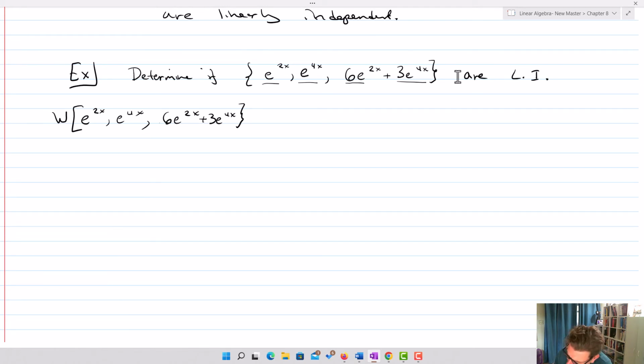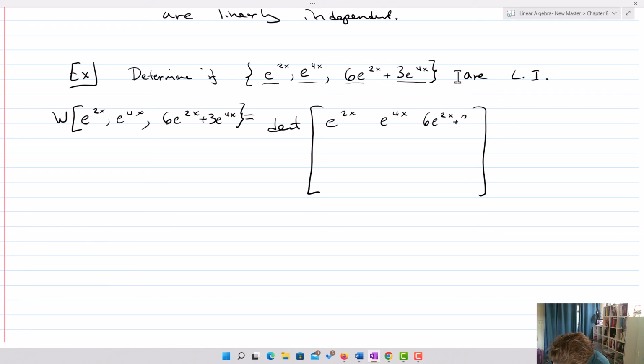We've got three functions, so that's going to be e to the 2x, e to the 4x, 6e to the 2x plus 3e to the 4x. Then we'll have 2e to the 2x, 4e to the 4x, and 12e to the 2x plus 12e to the 4x.